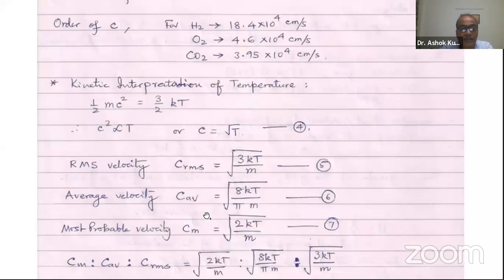I cannot explain that here in detail. On that basis we find the RMS value: C_RMS is equal to the root of 3kT upon m.